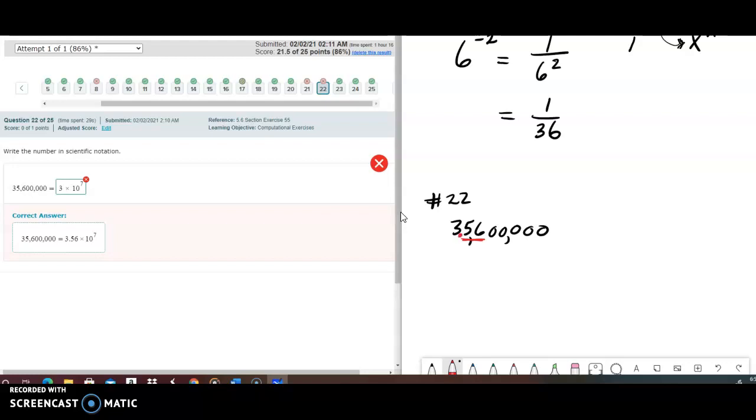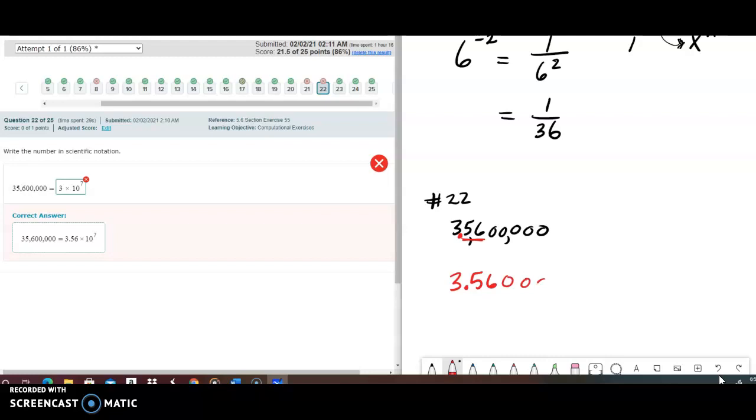So I'm going to put my decimal here. I wouldn't want to put my decimal here because then I would have 35 as my number. I wouldn't want to put my decimal here because I would have 356 as my number. But it's appropriate to put your decimal there.